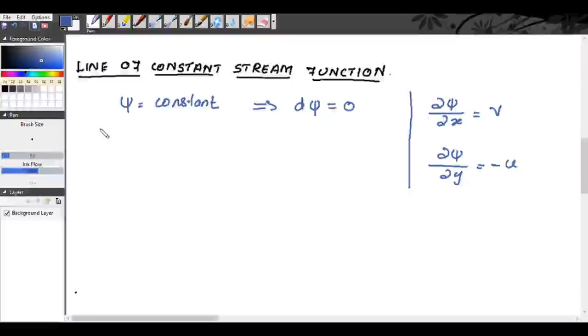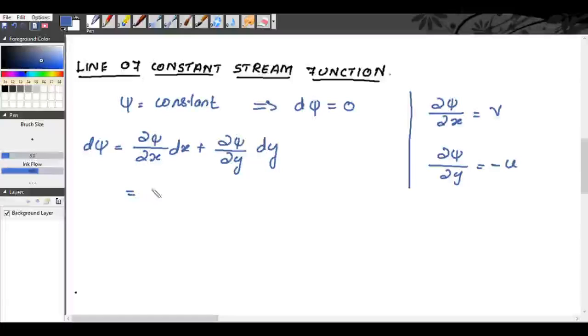So, substituting these, we will rewrite this d psi. We get d psi is equal to dou psi by dou x into dx plus dou psi by dou y into dy. Substituting dou psi by dou x is v, we get v into dx.